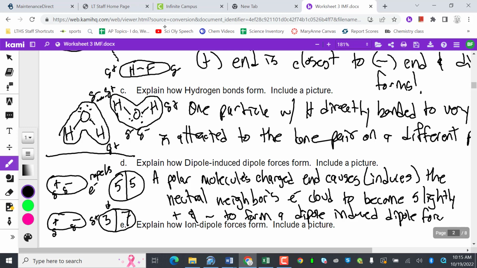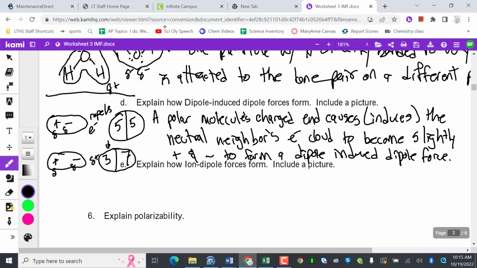Notice I called it a force instead of a bond. I think bonds are intramolecular and intermolecular forces are weaker, so that's how I do it.